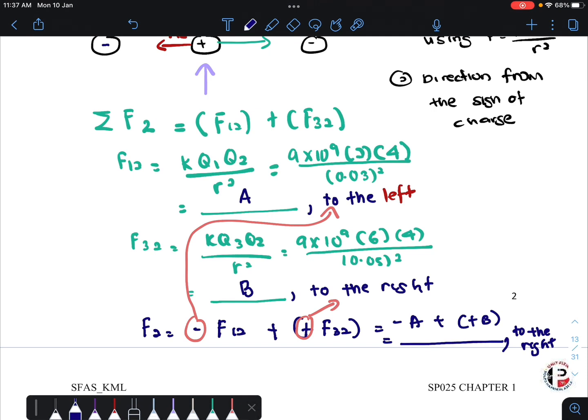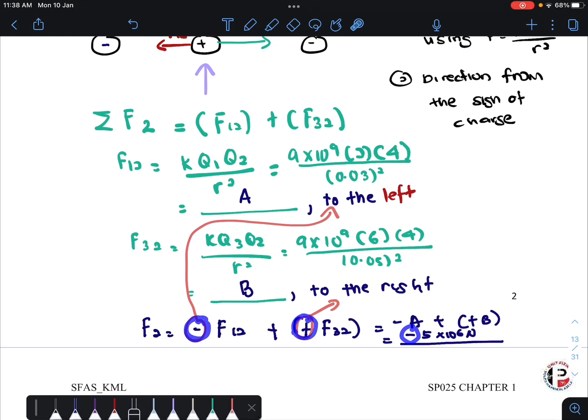Alright, so let's say when you press the calculator, your final answer, for example, is negative 5 times 10 to the power of 6 newtons. For example. What this means is that the negative sign tells you the direction.